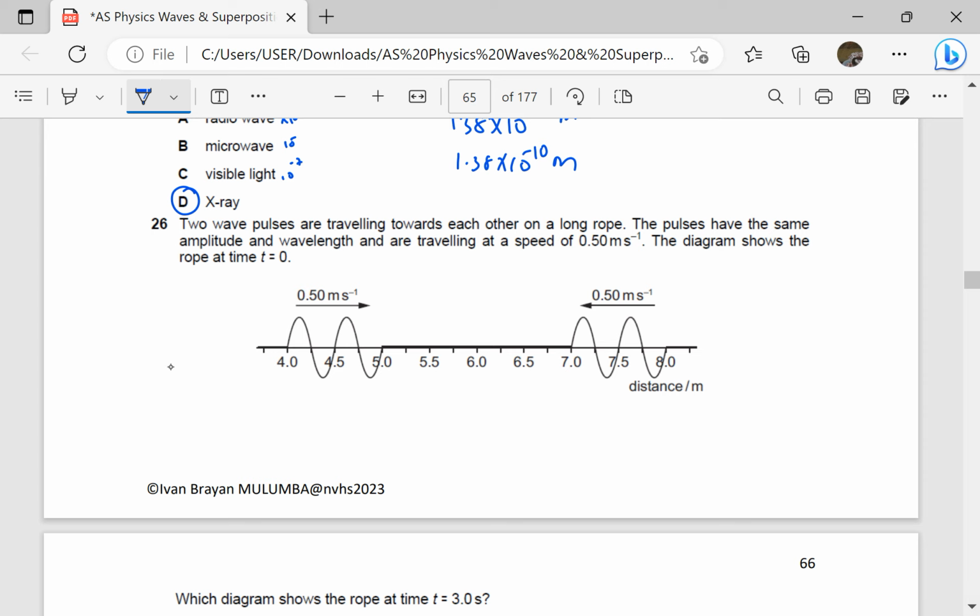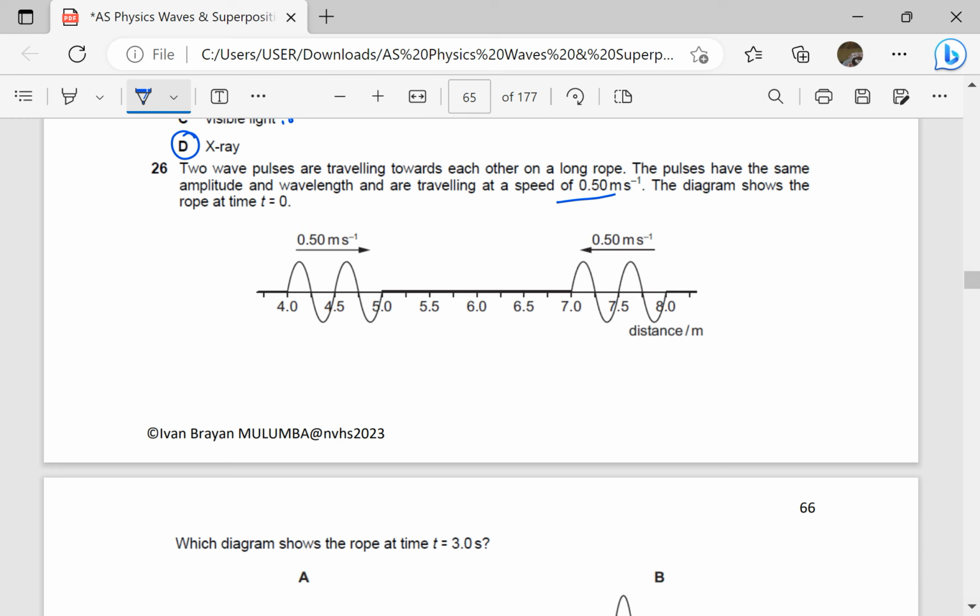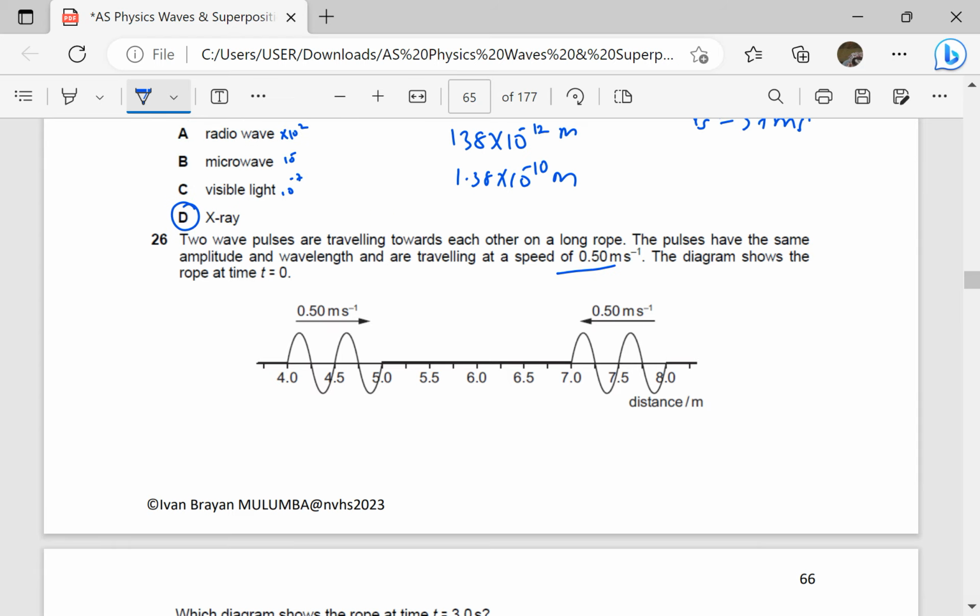Let's first find the period. They have given us the speed as 0.5. We can see the wavelength for this one. The wavelength is going to be 1.5.